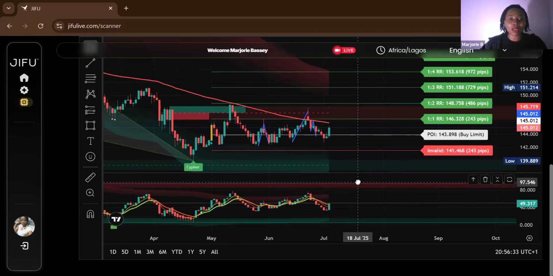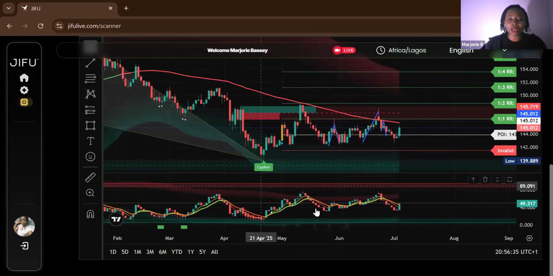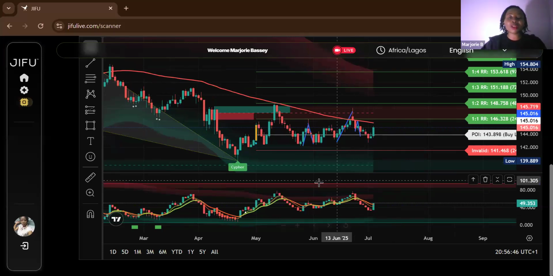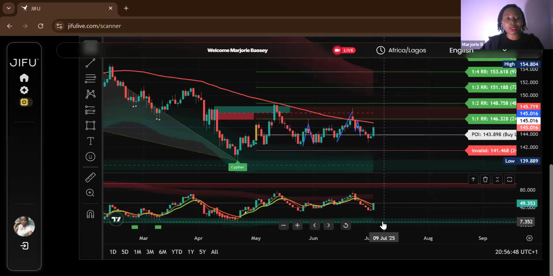This is down here. This is the oscillator, and it's also color coded. You have on the top of it the red zone, and then on the bottom of it the green zone.